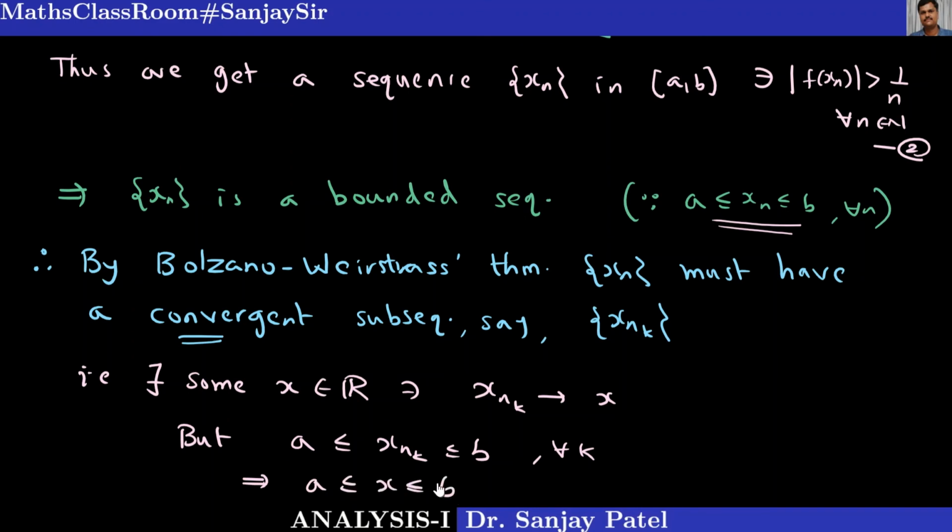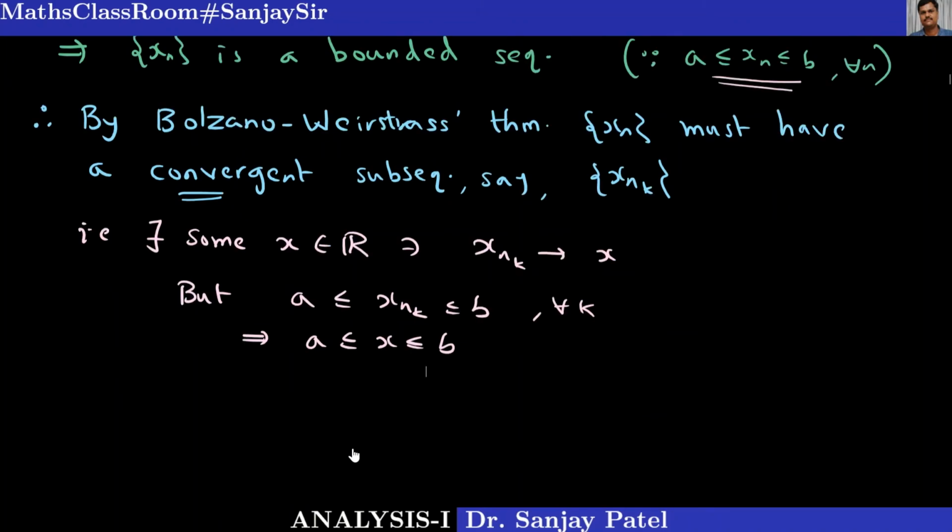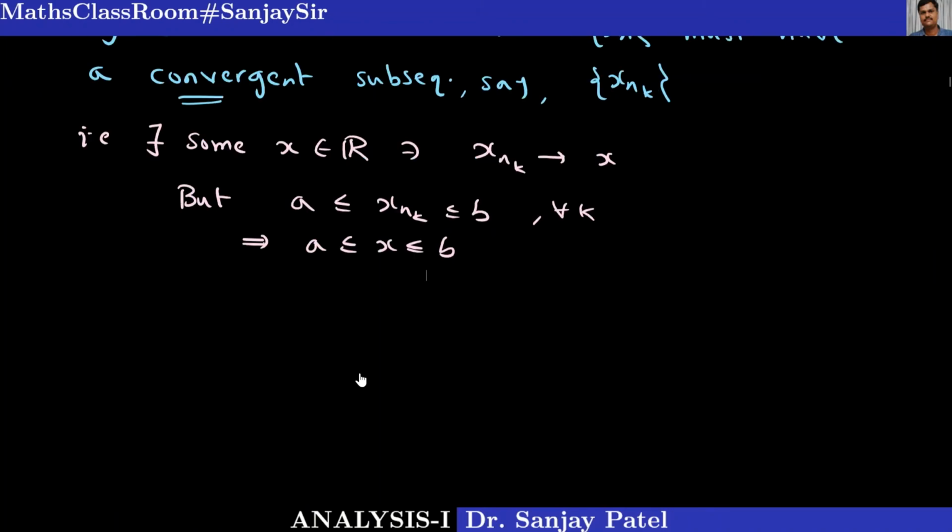So a is less than or equal to x and x is less than or equal to b. By the result that if all terms of a sequence lie between two constants, then the limit of that sequence, if it exists, also lies between the same two constants, the limit x of the subsequence xnk belongs to the closed interval [a, b].